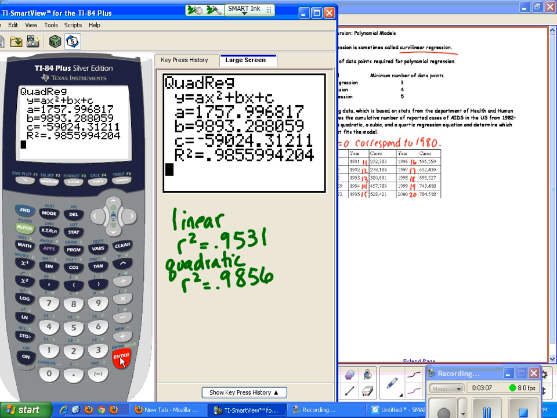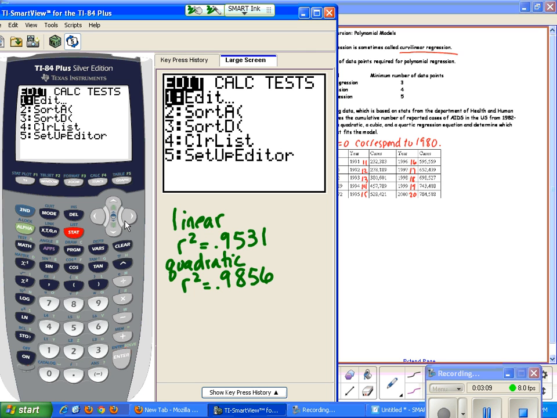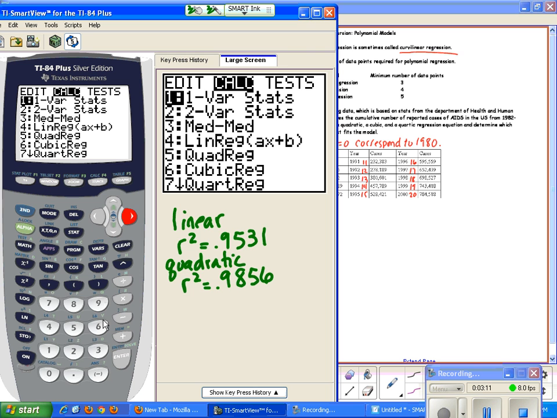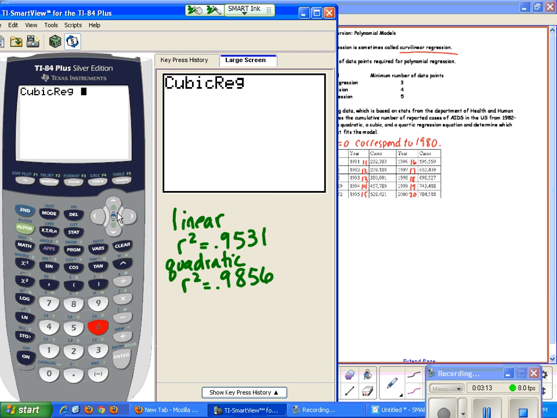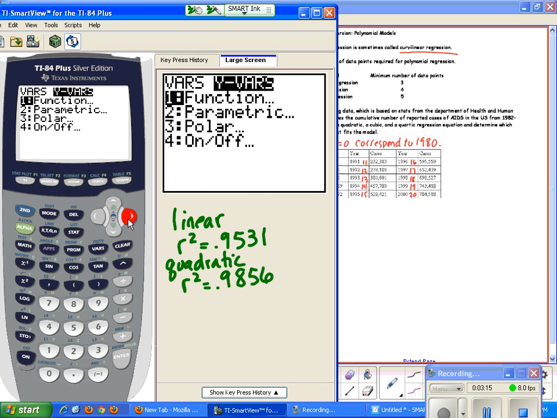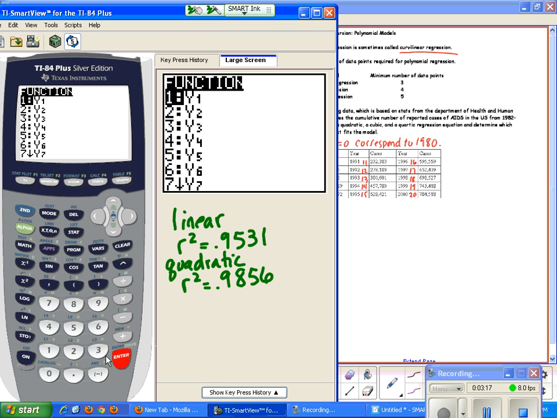Then I'm going to do cubic, and I'm going to put this into y3.